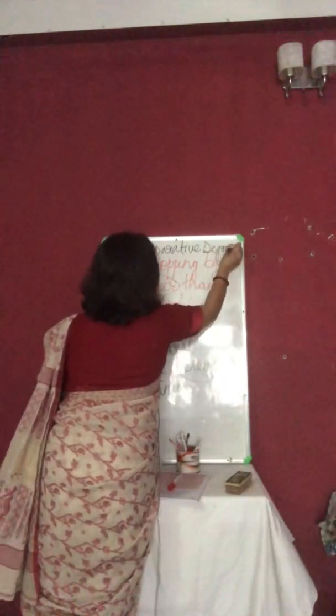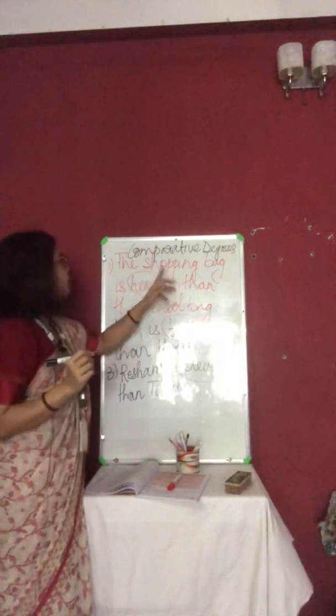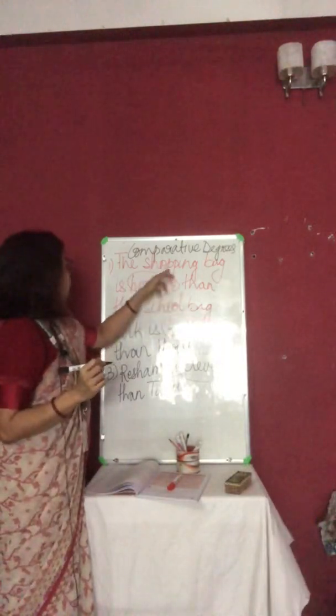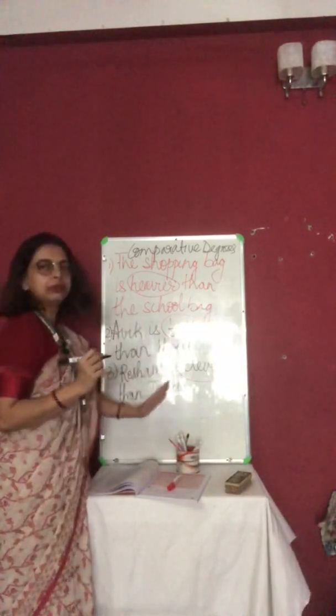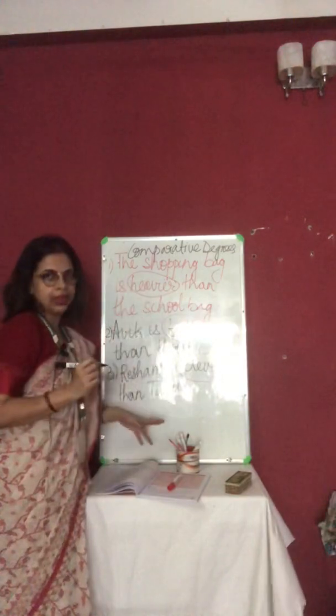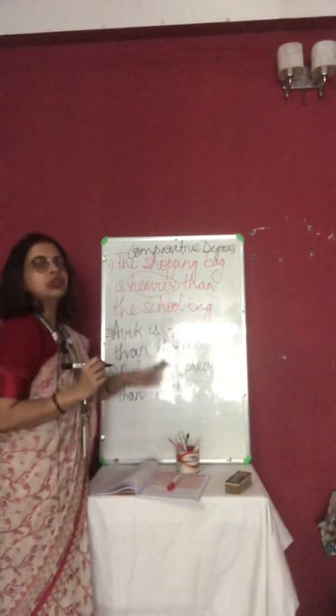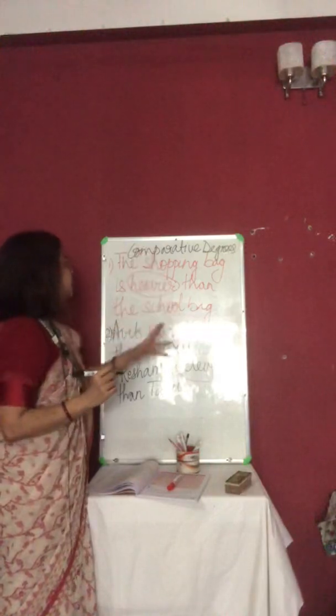Why comparative degrees, children? Because they are comparing between two things. See, shopping bag, school bag. Avik, Harsh. Resham, Tanu. They are comparing between two things, two persons, two items.